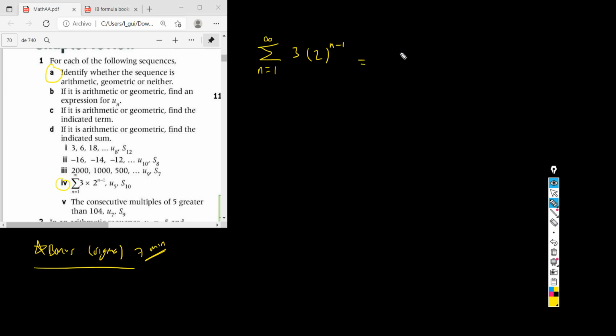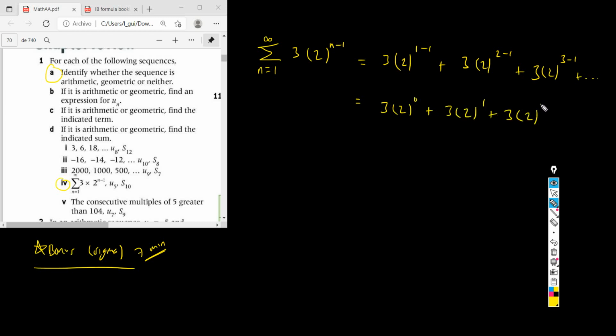It's going to be equal to 3 times 2 to the 1 minus 1 plus 3 times 2 to the 2 minus 1 plus 3 times 2 to the 3 minus 1 plus etc. And as you can see, guys, this is 3 times 2 to the 0 plus 3 times 2 to the 1 plus 3 times 2 to the 2 and so on infinitely, right?